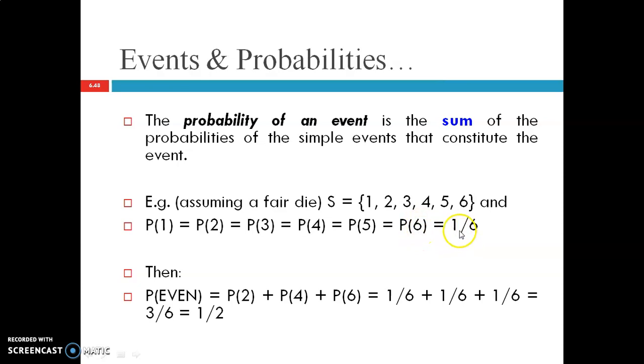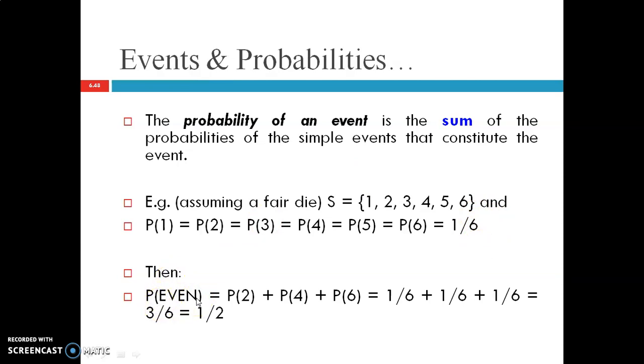are equal to 1 upon 6, because each has only one face, and there are 6 faces. So the probability of occurring a single face will be 1 upon the total number of faces available, that is 1 upon 6. Then the probability of even.